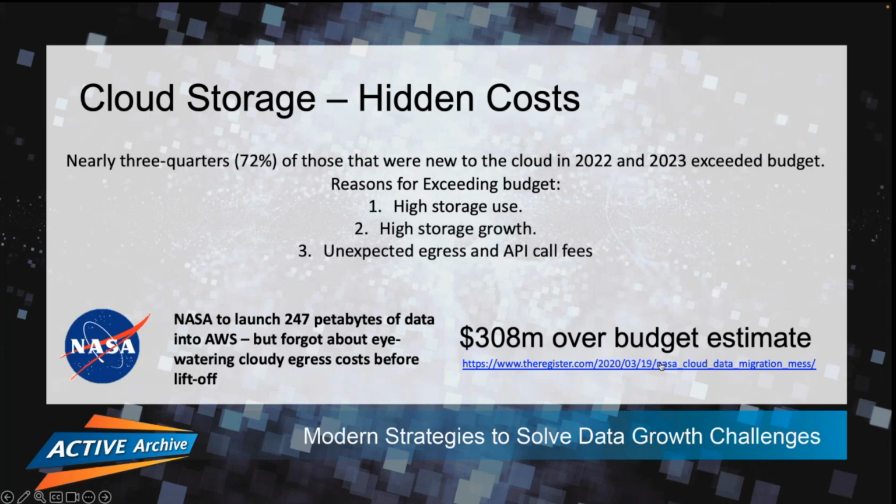But they forgot that every time they recalled data and brought it back onto premise where they do most of their compute structures, which includes analytics and data analysis from past missions, they would end up incurring costs. And those costs ended up pushing their budget to over 3 times the original estimate. And that resulted in a price structure of around $308 million over the original budget estimate. So it's very important to take these costs into account as you're looking at storage that's in the cloud.